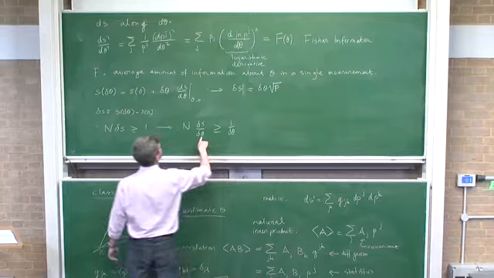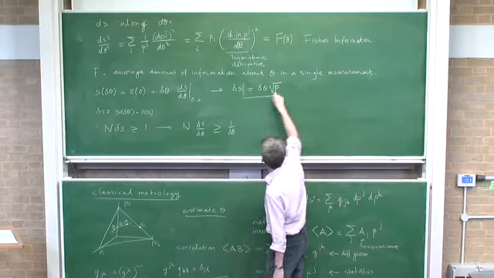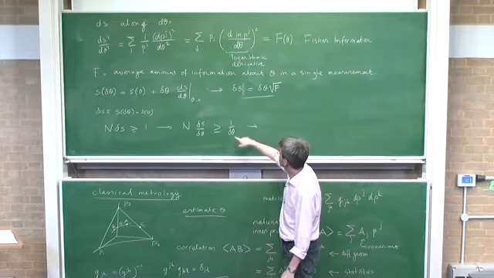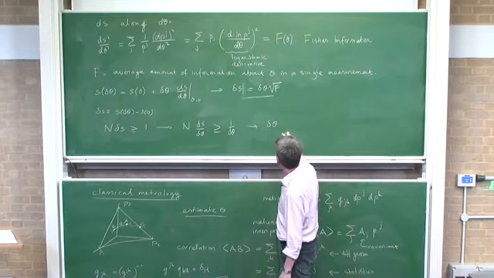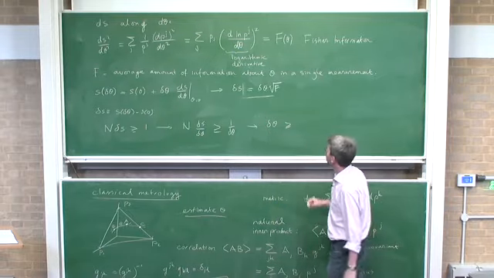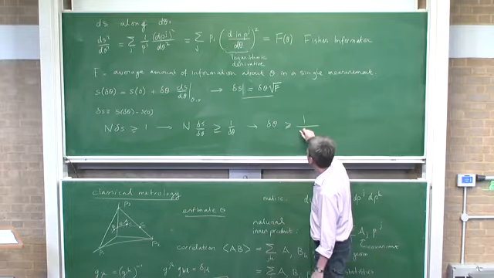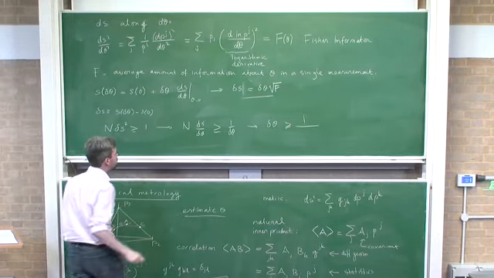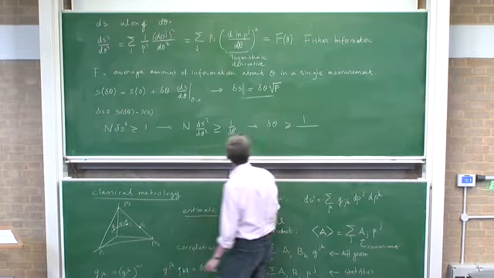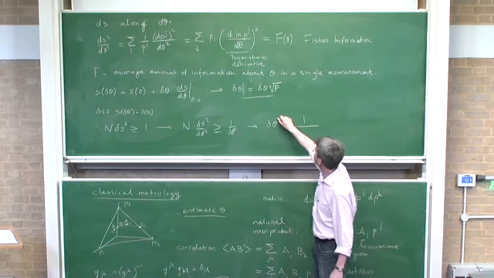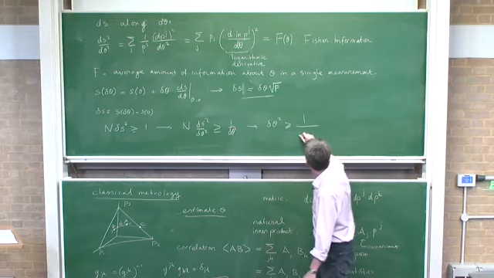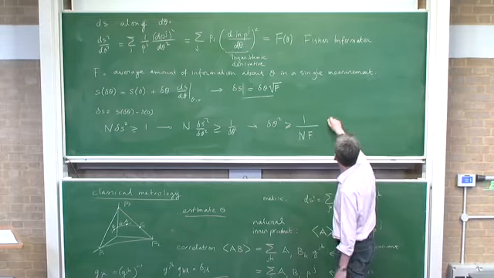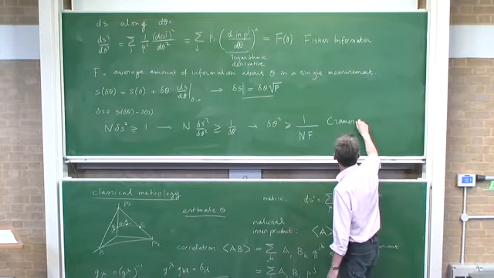Then we use this relation here, and we can rewrite: d theta must be greater than or equal to 1 over, I forgot a square here, sorry about that, so now this is just f, and this is the Cramér-Rao bound.